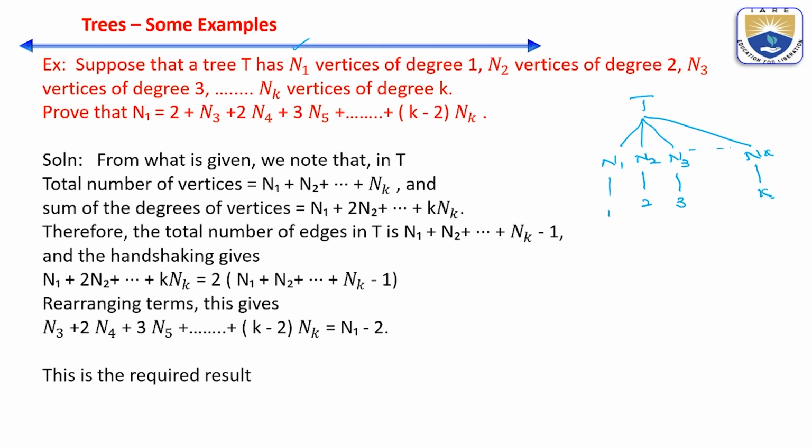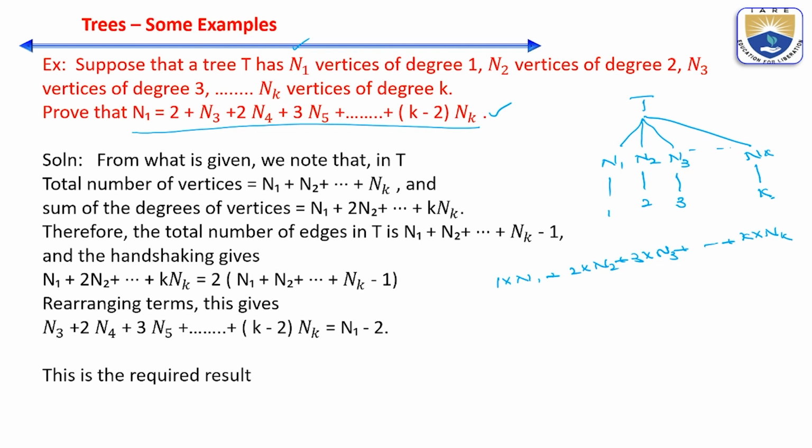Then we have to prove that n1 equals this expression. So what is the sum of the degrees of all vertices? It is 1 into n1 plus 2 into n2 plus 3 into n3 and so on plus k into nk.